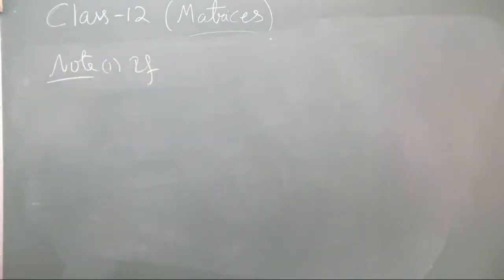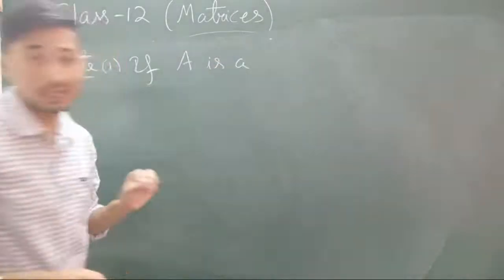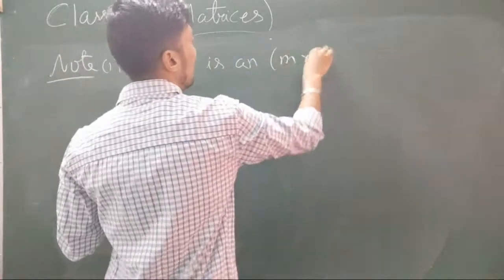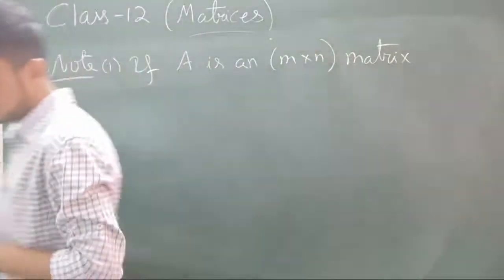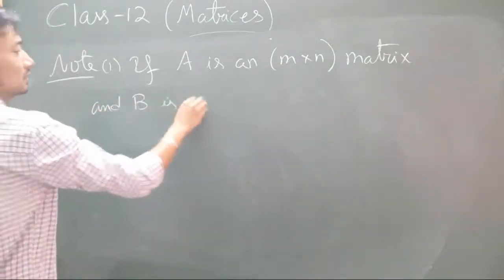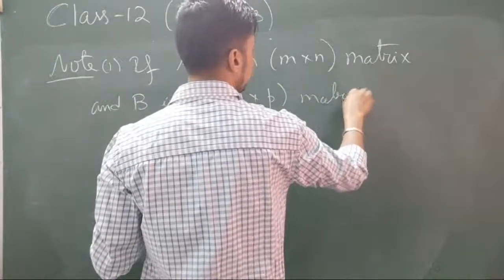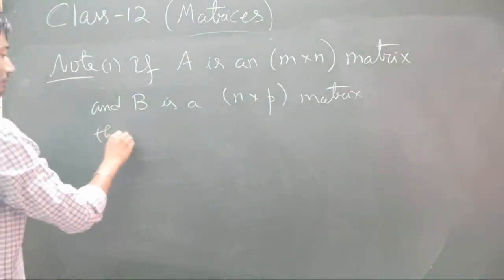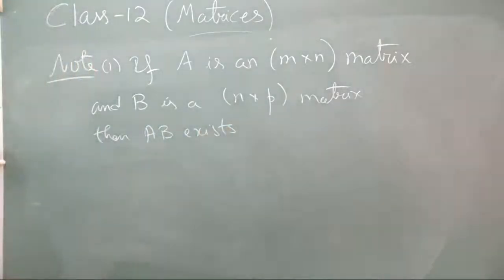I'll tell you how to remember, but if A is an M by N matrix and B is an N by P matrix, then AB of course will exist.